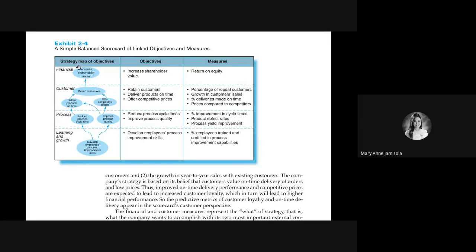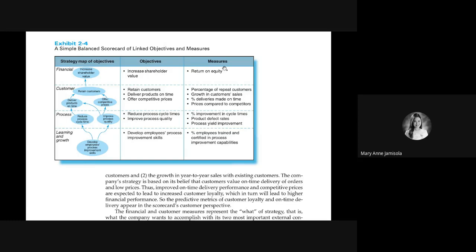Perspective, we want to increase our shareholder value. That is our goal. That's just an example. So it depends on the company. Okay, unsa inyong ganahan. And then for customer, for example, our objective is to retain customers. We want also to deliver our products on time, and we want also to offer competitive prices. So just list all your goals here or objectives related to that specific perspective.